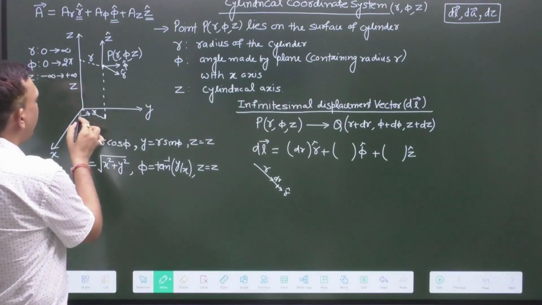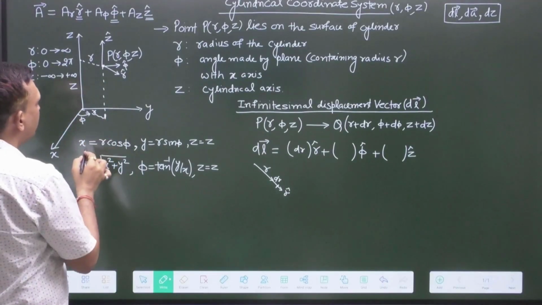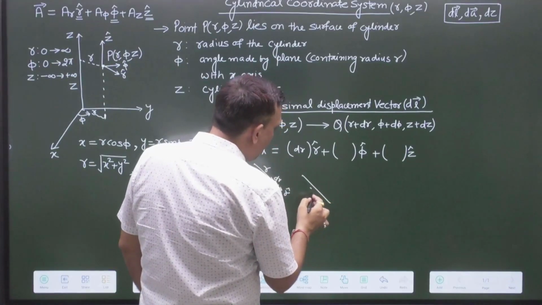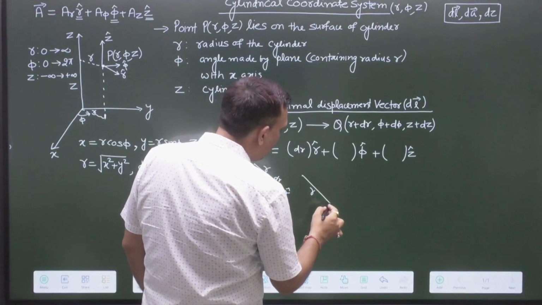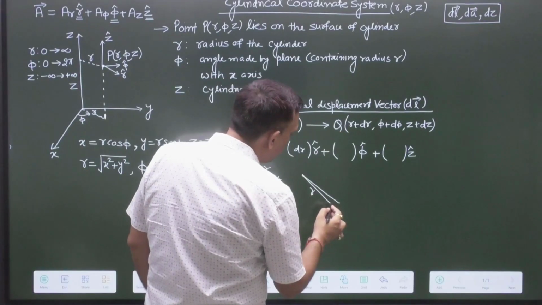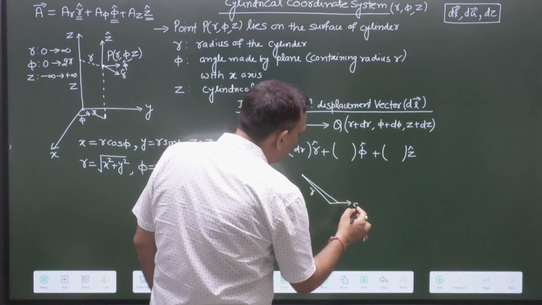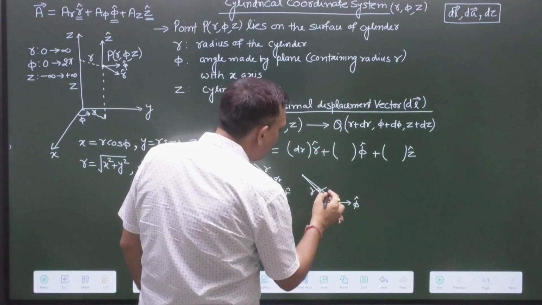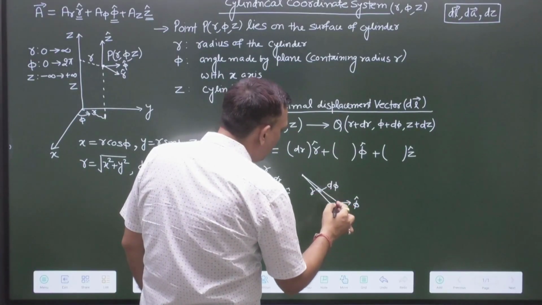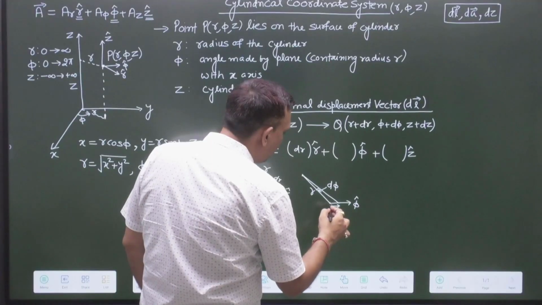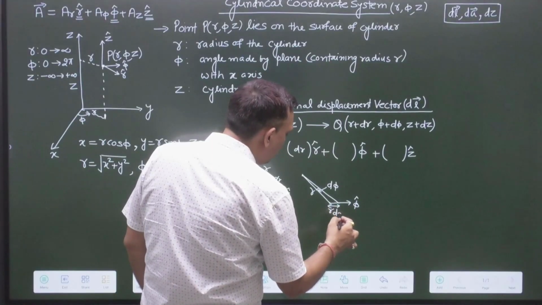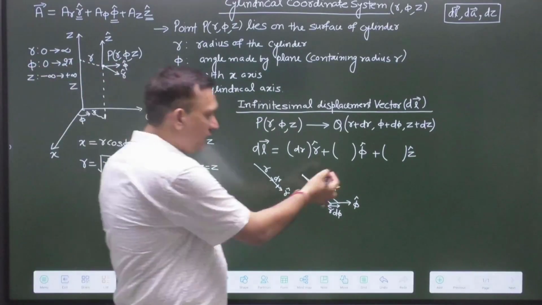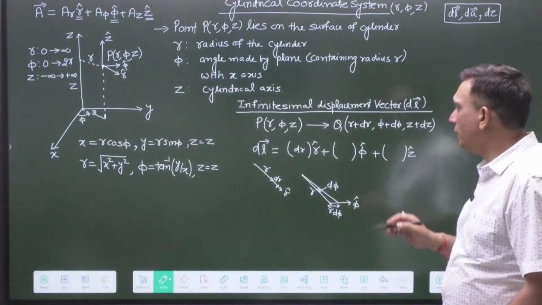Now if phi changes to d phi, let's say this is r, and phi changes by d phi, this is phi cap. What will be this change? r d phi. Angle is equal to arc by radius, so this arc will simply be r into d phi.